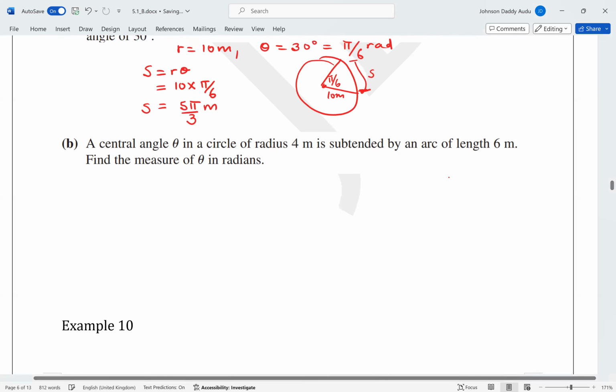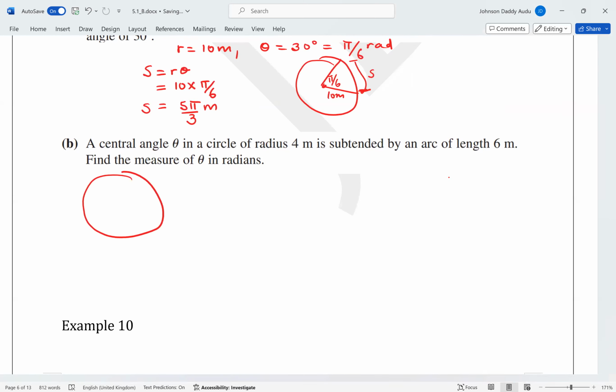This one says a central angle theta in a circle of radius 4. So you have a circle of, let's say, radius 4 meters. We're actually looking for theta, and we're told that the length S is the arc of length 6 meters.